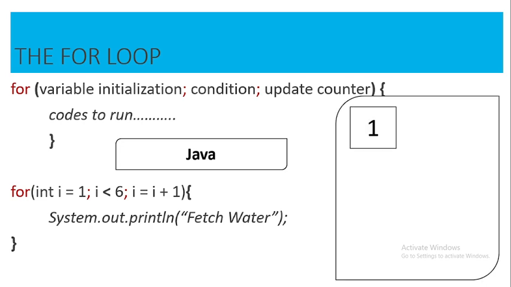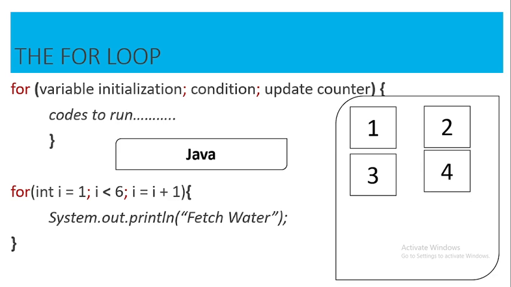See, i started at 1, so 1 less than 6 is true, then fetch water will be printed. Now i is 2, so 2 less than 6, true, then fetch water will be printed. Now i increments to 3. 3 less than 6, true, then fetch water will be printed.